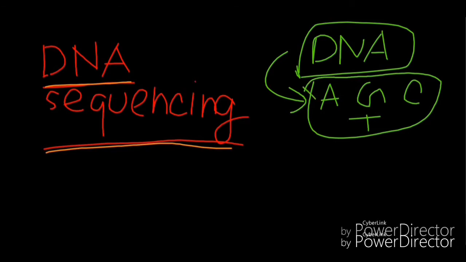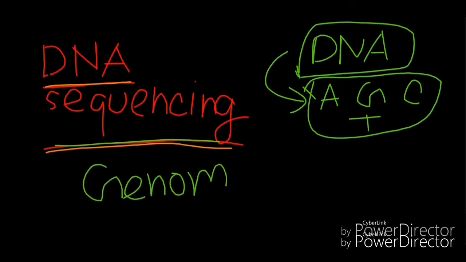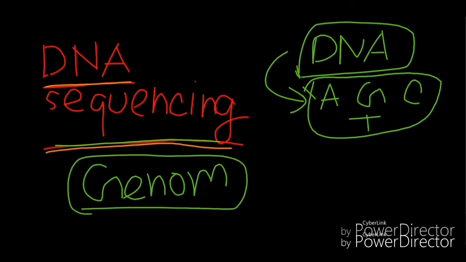But how is that important? Because you may often see the word genome, and what is this, you may ask. Finding the genome of an animal or of something, a tree, this can be anything.